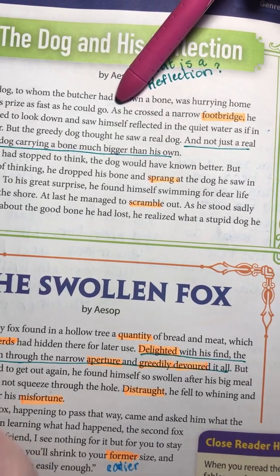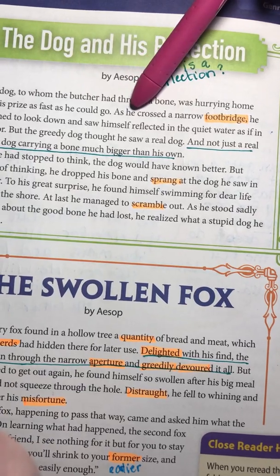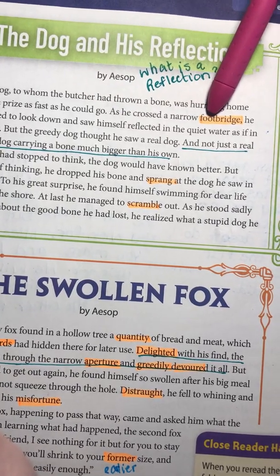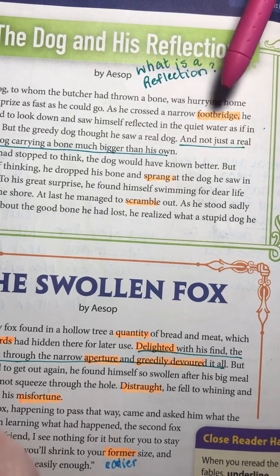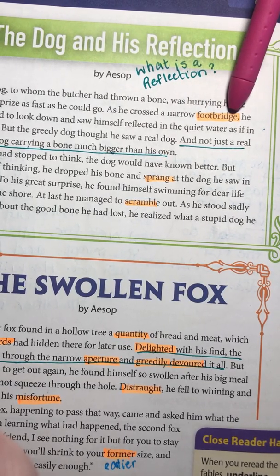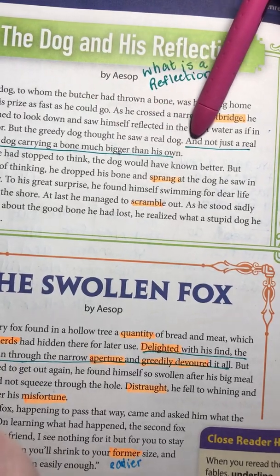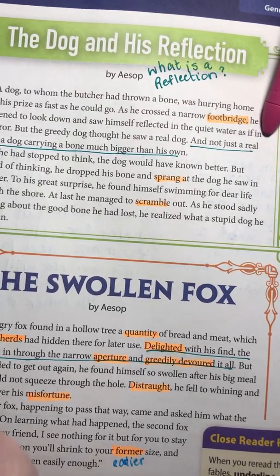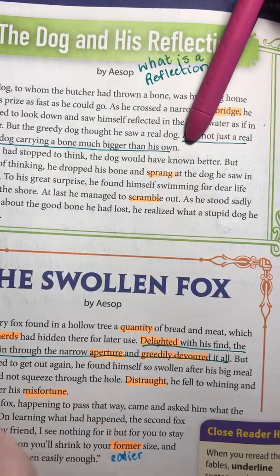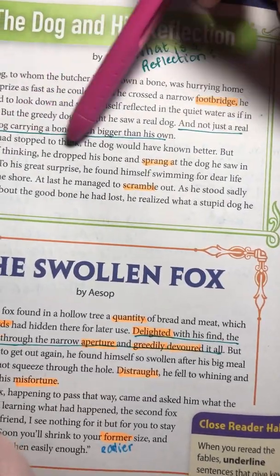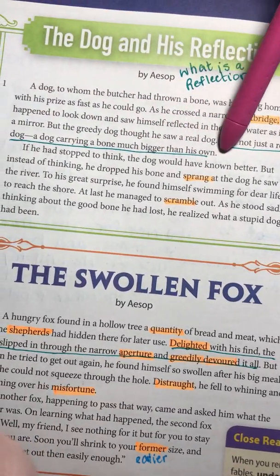I know dogs don't drive cars, so he must be walking on foot or his paws. So I'm going to think that footbridge is some sort of bridge that someone uses to cross over to the other side of the river. And not just a real dog, a dog carrying a bone much bigger than his own.